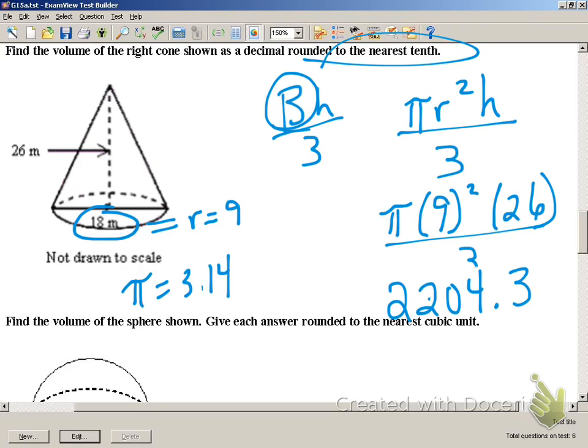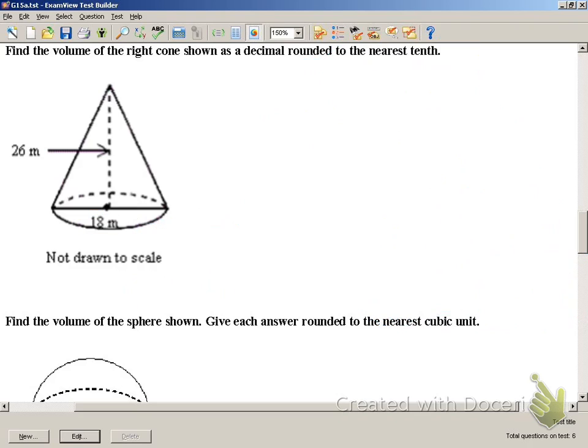So I'm rounding that to the nearest tenth. I don't know what I did wrong a while ago. I apologize. So 2204.3. And let's move on to the last one, number 6.